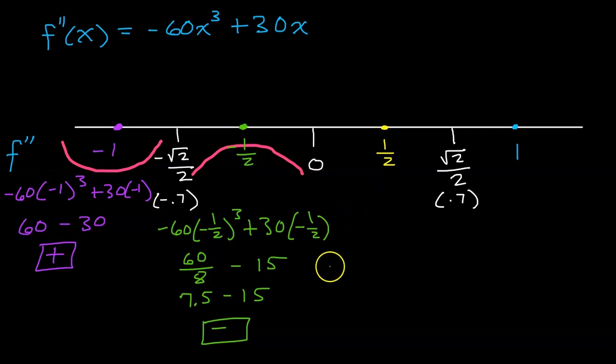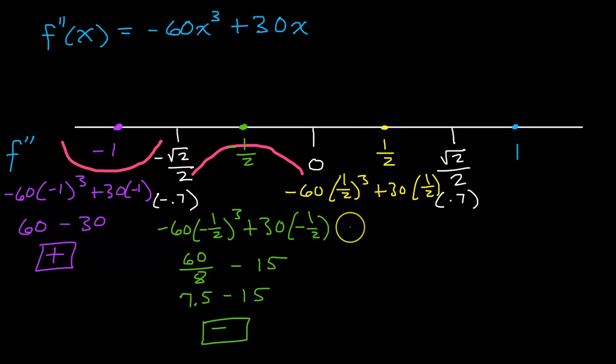Going for the +1/2, and I'm really running out of space here, so maybe I'll squeeze it in above at first. So I'm going to have my -60 times +1/2 to the 3rd power plus 30 times +1/2. So 1/2 to the 3rd power is 1/8.